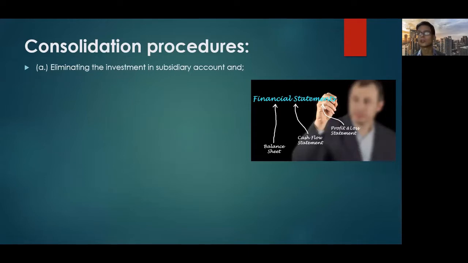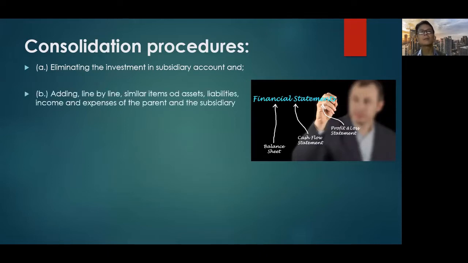First we have to eliminate the investments in subsidiary account and add line by line yung mga similar items of assets, liabilities, and expenses of parent and subsidiary. So mamaya papakita natin yung pagsasama natin yung total ng kanilang mga accounts, no? So assets, liabilities, and expenses. Okay, how we consolidate it, no?